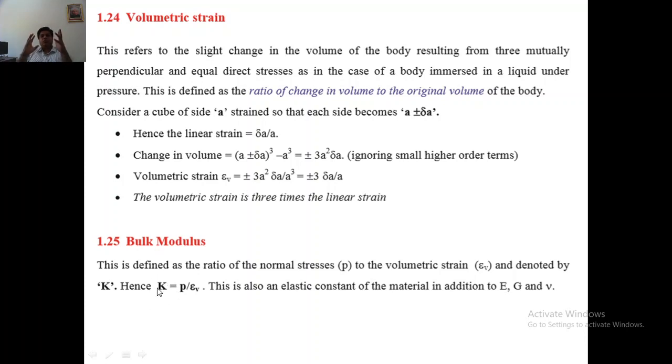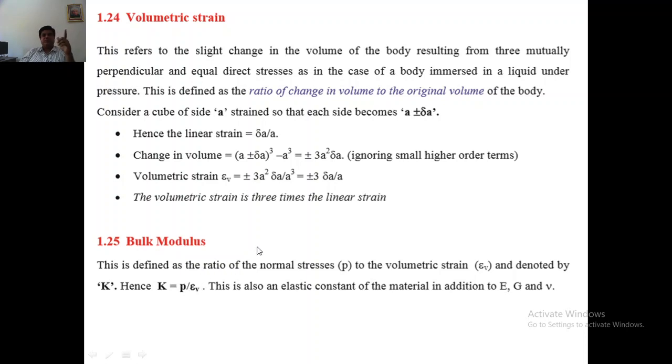So bulk means volume. The change in volume of that material, because of the stresses applied in all the directions of the body, causes volumetric strain, and that ratio of stress by strain is called the bulk modulus. So always remember that modulus of elasticity, modulus of rigidity, and the bulk modulus are simply the ratio of stress and strain.